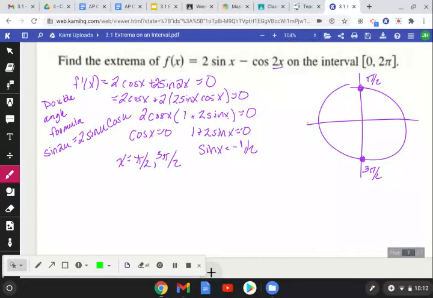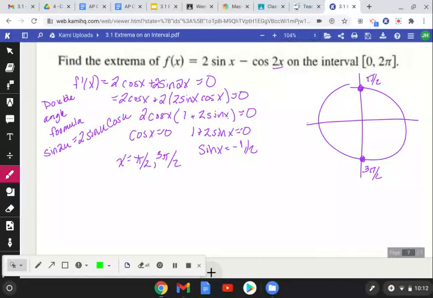And then we need to look at our critical values for the sine function. So where is sine equal to negative 1/2? Well, if you think about it, sine is 1/2 often, okay? Sine is 1/2 because you have root 3 over 2 and you have 1/2. So sine is going to be 1/2 anywhere that your y value is not very tall, okay?